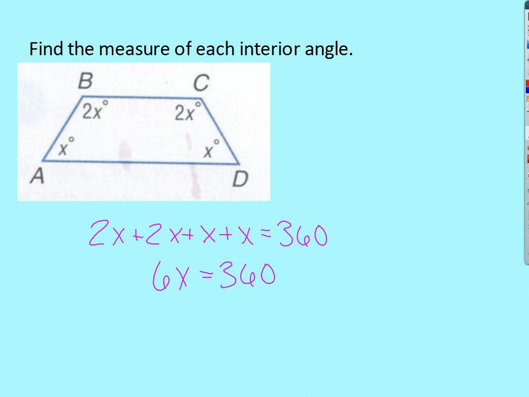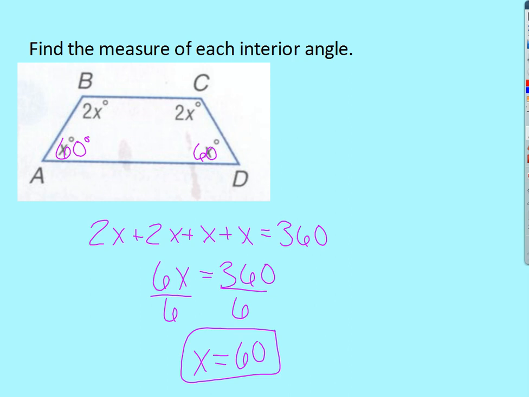We want to get the x by itself, so we will divide both sides by 6. And we get x is 60. So if we substitute this back in, angle A and angle D will both be 60 degrees. And 2 times 60 is 120. So angles B and C will both be 120 degrees.